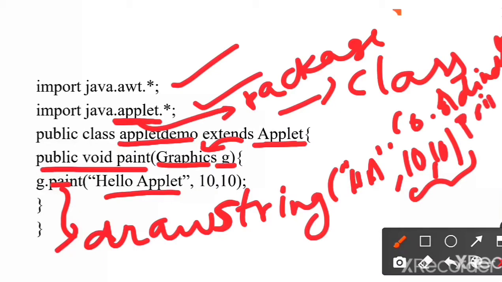What are they? They are the coordinate points. These points are used as a reference on the output window from where this string should begin. So on the output window, this string hello applet will be displayed at the point 10, 10. That means the x value is 10 and the y value is also 10.